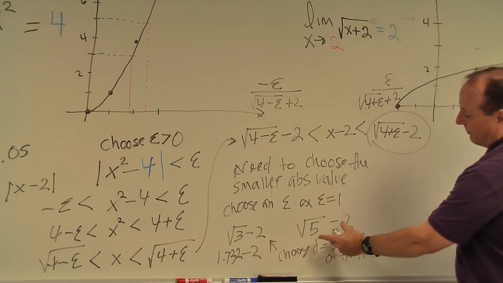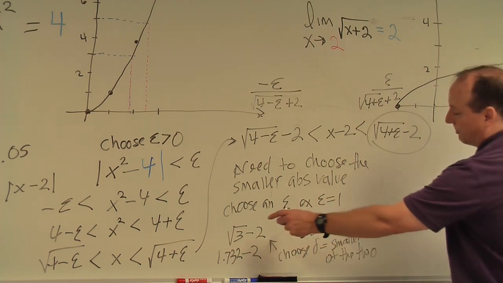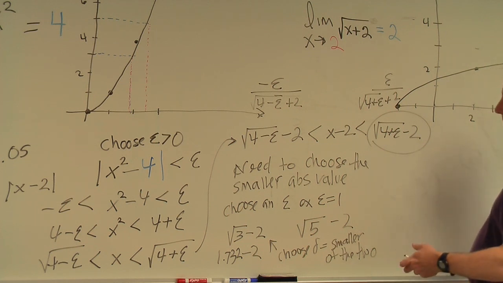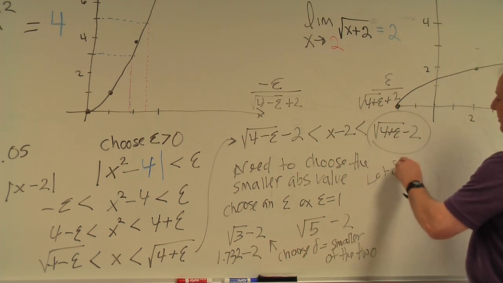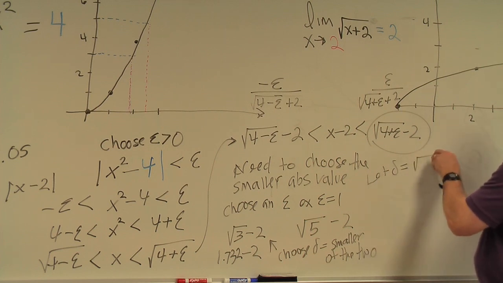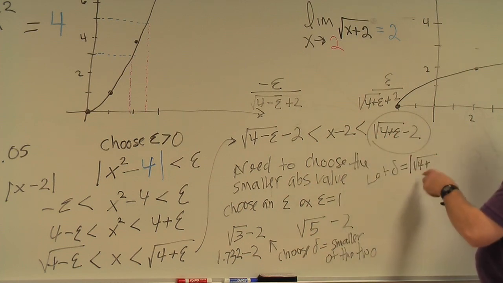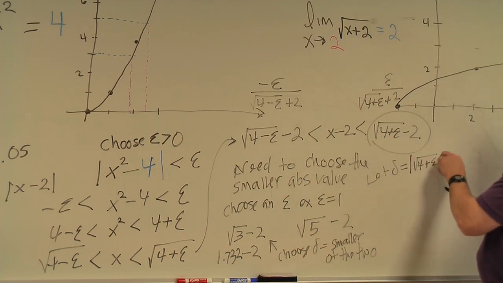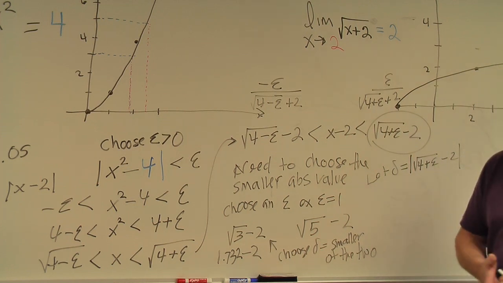And if we check numerically, the square root of 5 minus 2 is smaller than the square root of 3 minus 2. So I will let delta equal this one. And because one's plus and one's minus, to be on the safe side, you can always say the absolute value, because delta is supposed to be positive.